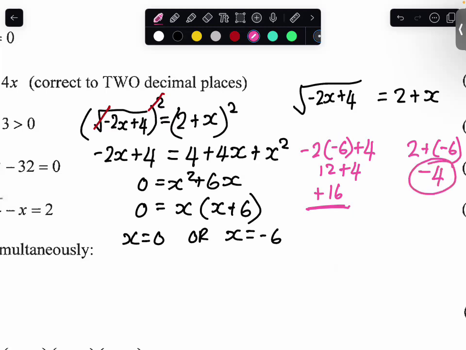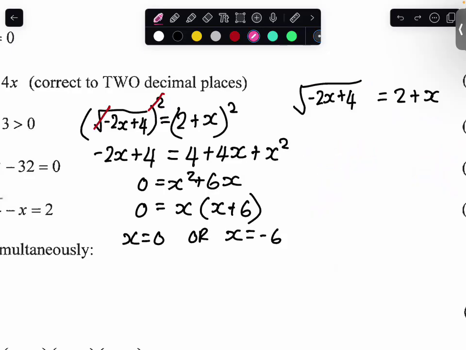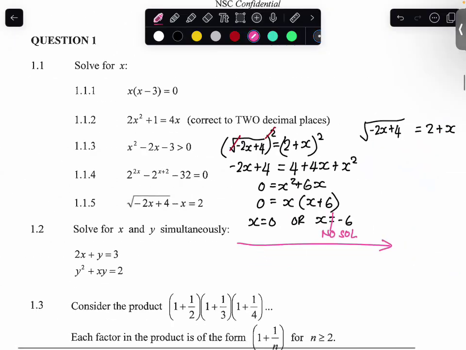That means the answer to the root ended up being negative. And that's non-real. So what we need to do is cancel out the solution of minus 6. Because remember, when you test either under the root or the answer to the root, both of them cannot give you a negative solution. And so you say no solution here. And that's your answer. All right.